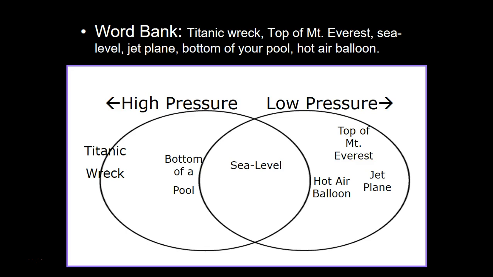If we were to take this word bank and group these things together, we would have the Titanic wreck at the very bottom of high pressure. The bottom of a pool would be closer to the middle. Sea level, zero elevation, is right in the middle. And then low pressure would be like a hot air balloon, and then the top of Mount Everest. And a jet plane would be even higher than the top of Mount Everest.